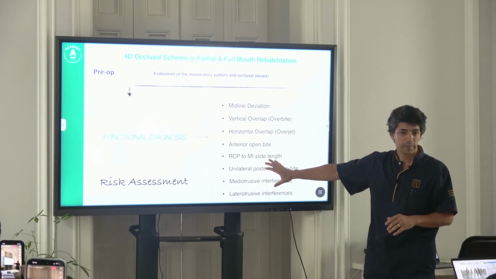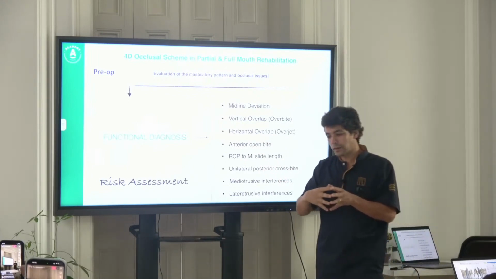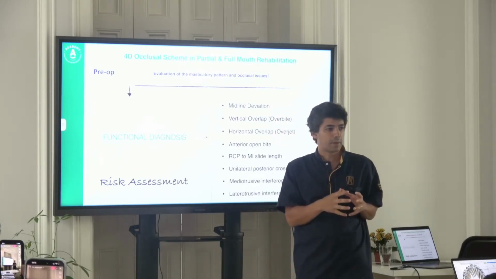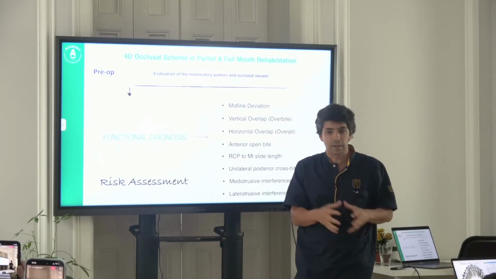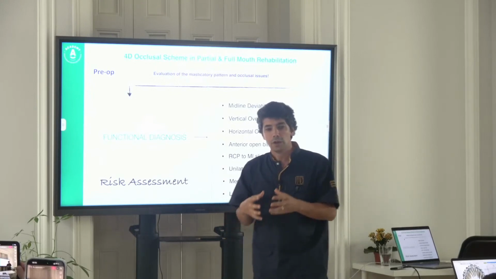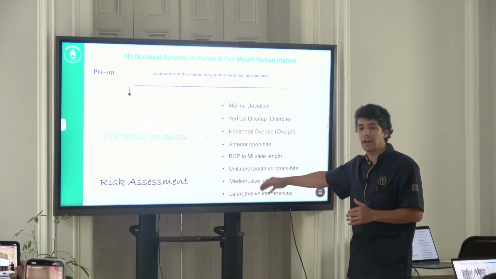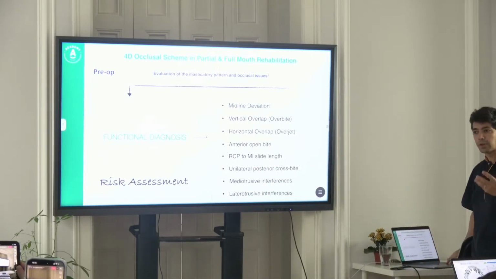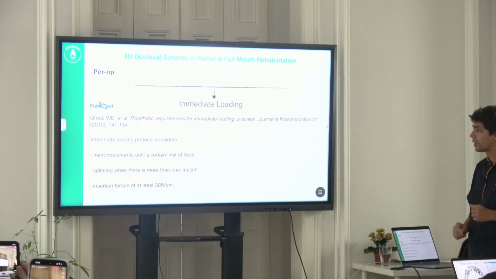Any of these, within the range of importance, can bring up TMJ problems, instability, or biomechanical issues. So this has to be a protocolized way of looking at our pre-op and diagnosis of patients.